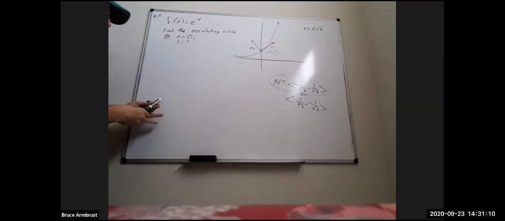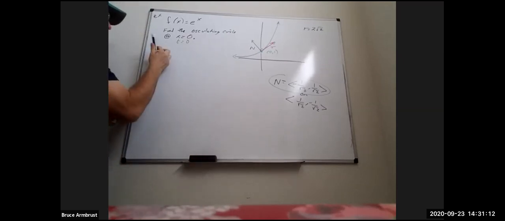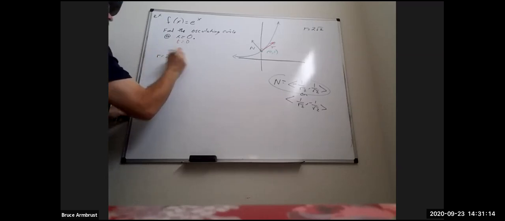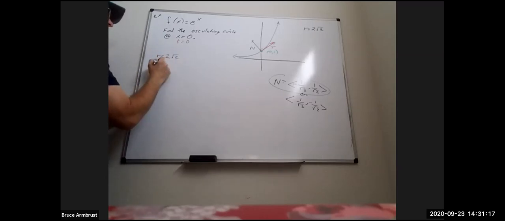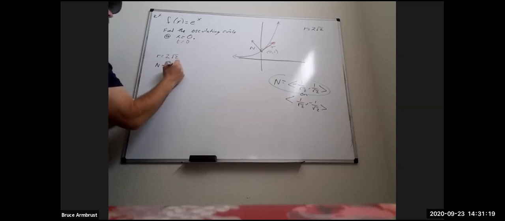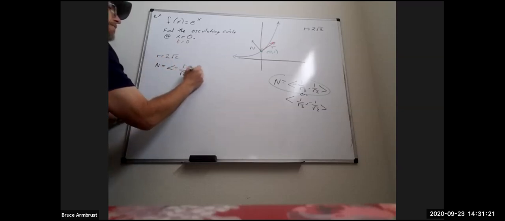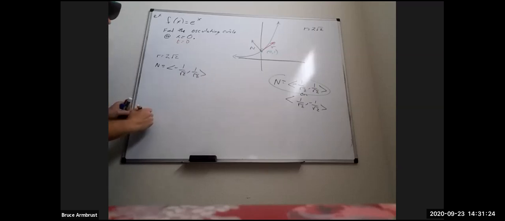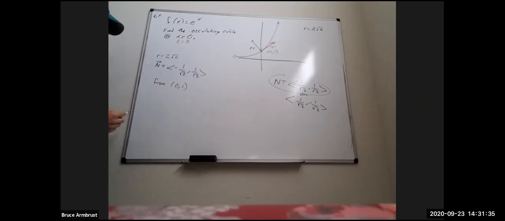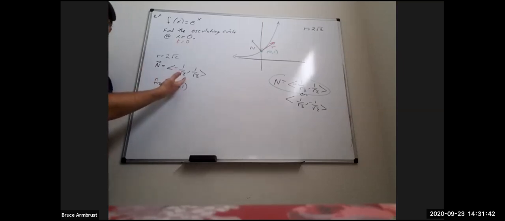All right, so let's kind of recap where we are. We know we need an r of 2 root 2. We know that we need to go in the direction of minus 1 over root 2, 1 over root 2. And we need to start from the point 0, 1. Okay, so how do you change the length of a vector?